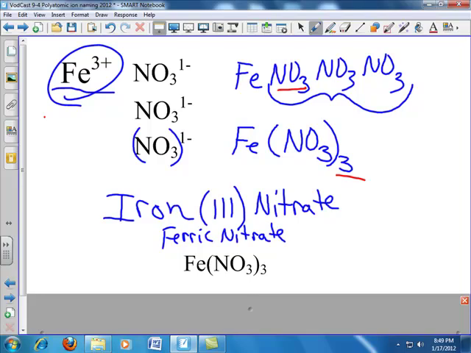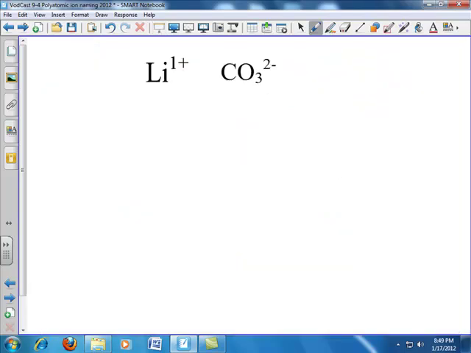Okay, so when you have charges that don't match, you're going to have multiples of one thing or the other, and it doesn't matter what it is. Here's another example. I have a lithium that's a +1 and a carbonate, which is a -2. So I'm going to need more than just one of those. I'm going to need 2 of them. And again, I would not write this as LiCO3.